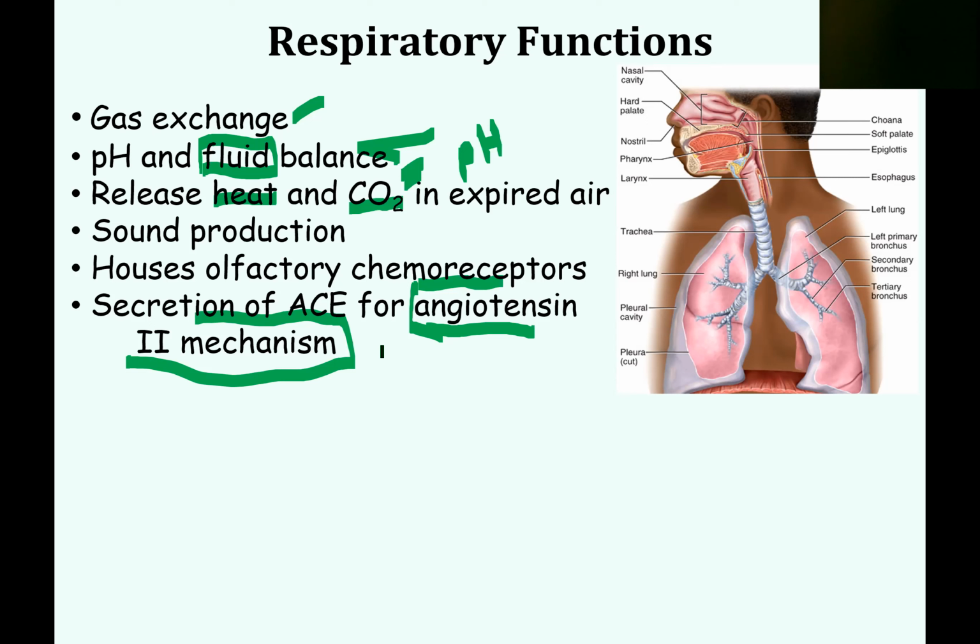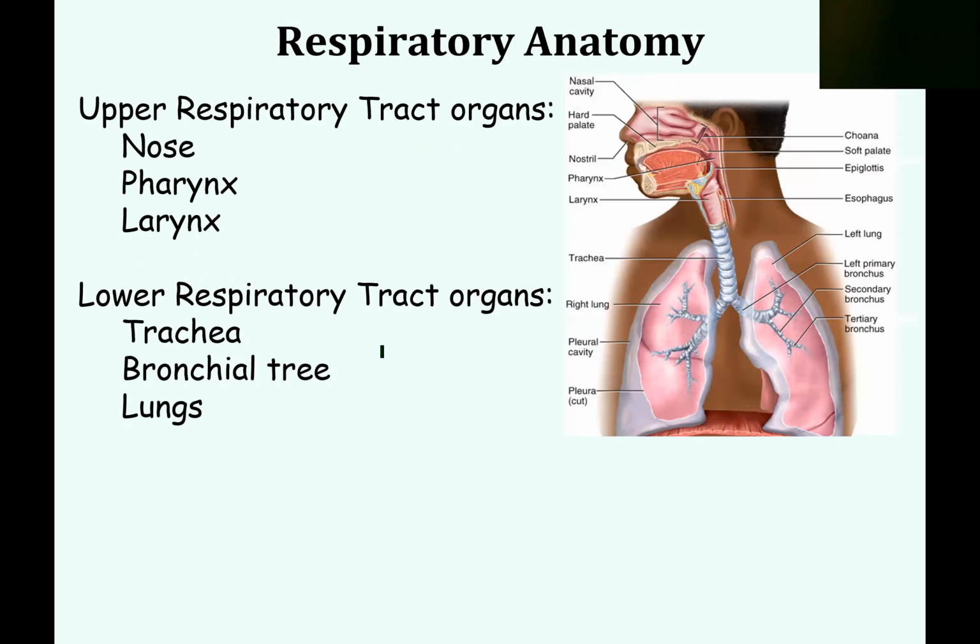All right, so the organs in this system are divided into two groups. You have the upper respiratory tract and the lower respiratory tract. The upper respiratory tract includes all the components of the nose, the pharynx, which comes down here, and the larynx.